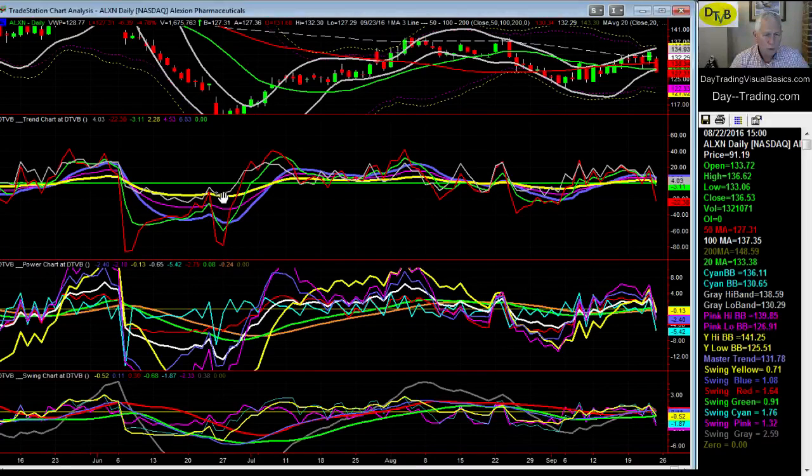The trend gray, red, and green lines are your narrow lines. They're your fast lines. And when trend red starts up, that's the quickest way to see a cycle change or a trend direction change. It gives us great insight.